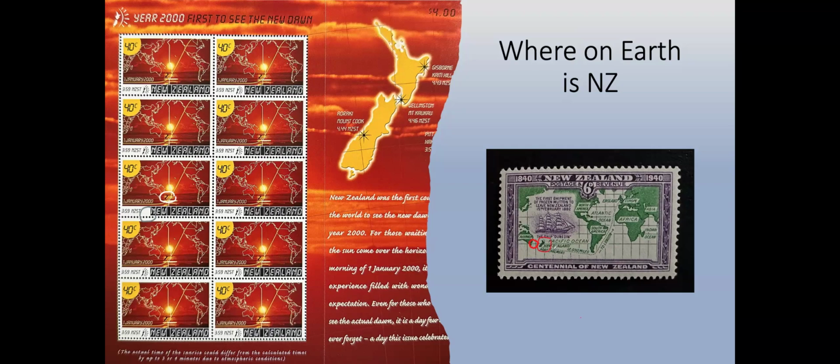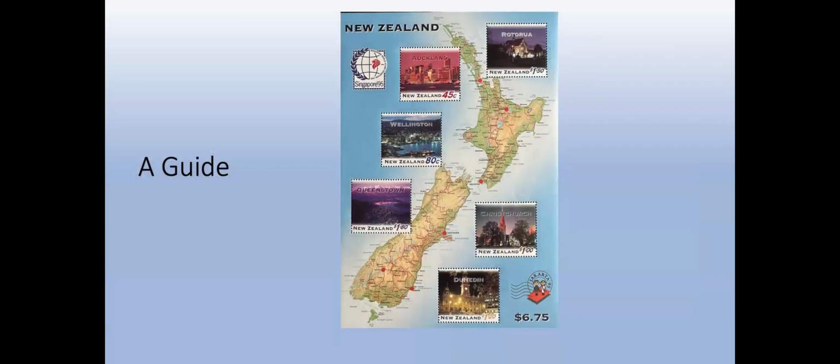To give you an idea of distance, from the top of the North Island up here to Wellington, the capital city down there, is 700 miles by road, and that's about 1,100 kilometers.